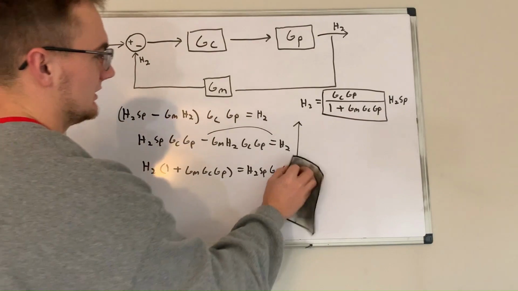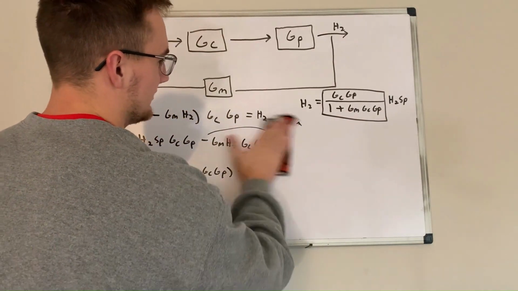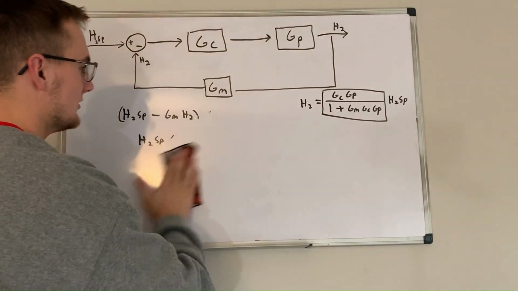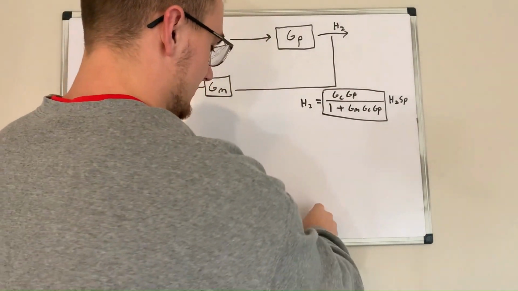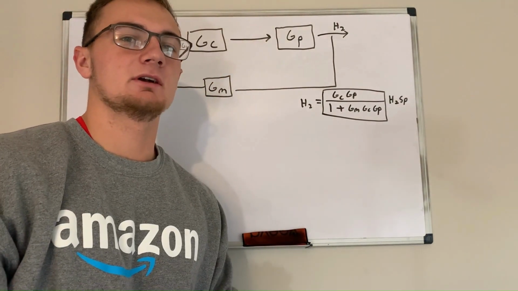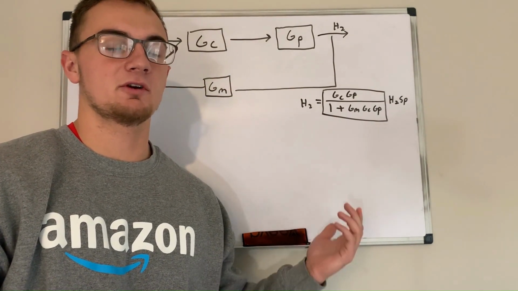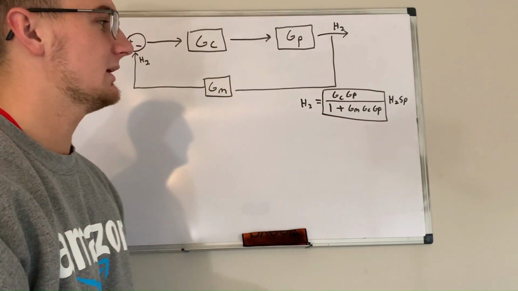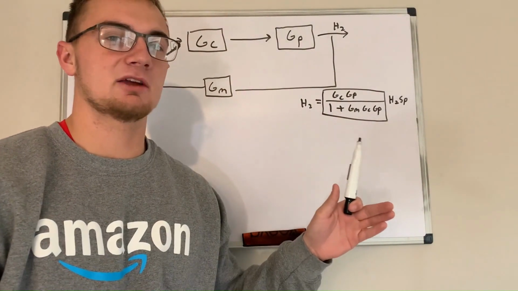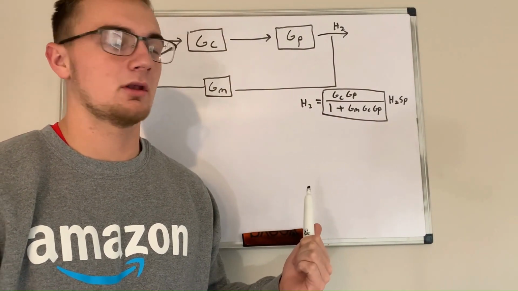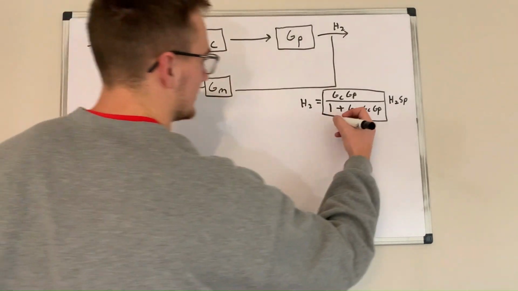So let me erase this here, and I'll break it down in terms of numerator and denominator of the polynomials of our transfer functions. That'll make this type of transfer function under feedback control easier to code into Python. So again, this is our servo function.